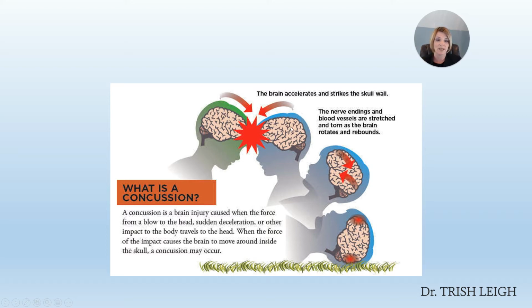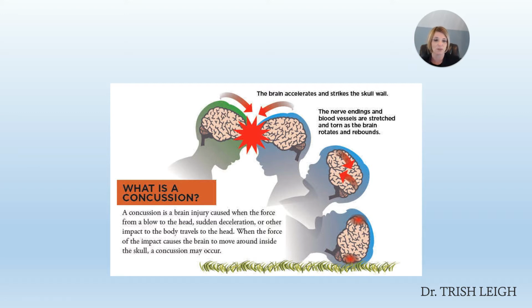What happens is the brain slams up against the front of the skull, and in doing so, it creates a whiplash type of motion, and it can create physical damage, which is explained on the slide, but it also involves functional damage. As the head hits the other person's head, there's damage at the front of the brain. That's called the coup injury, C-O-U-P, coup injury.